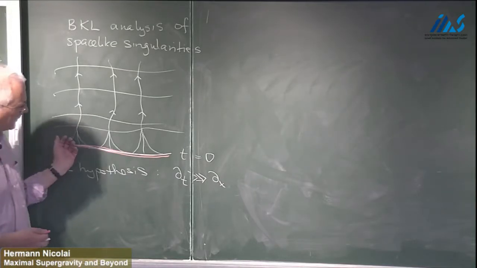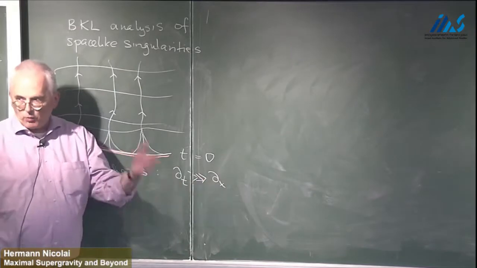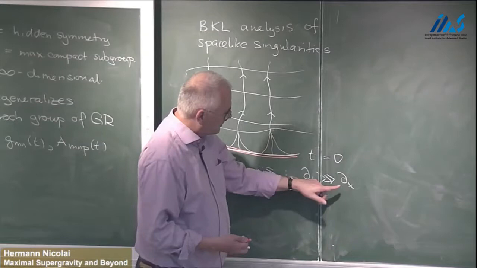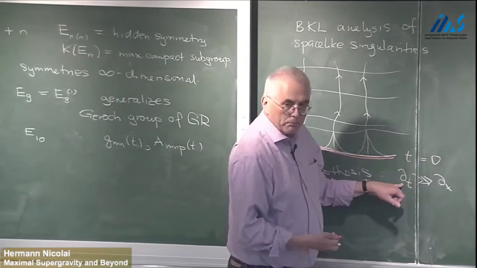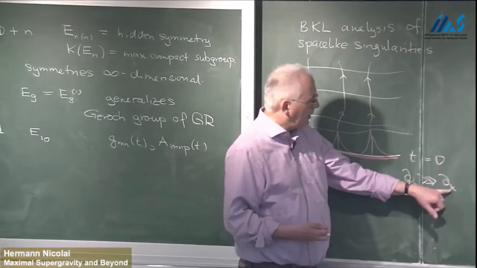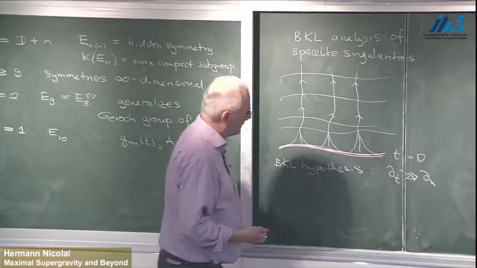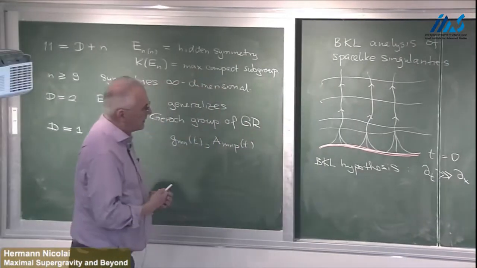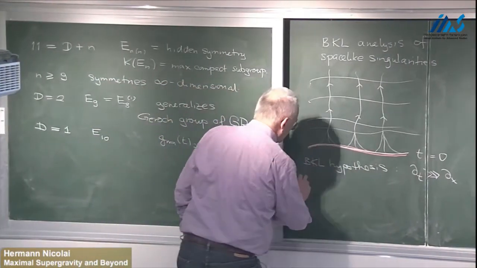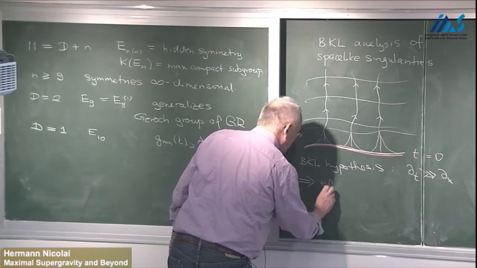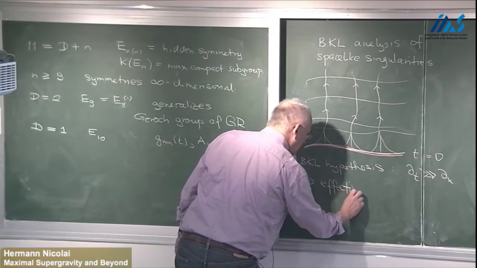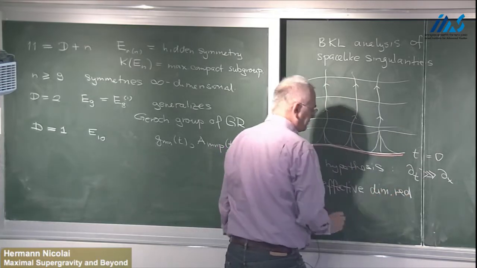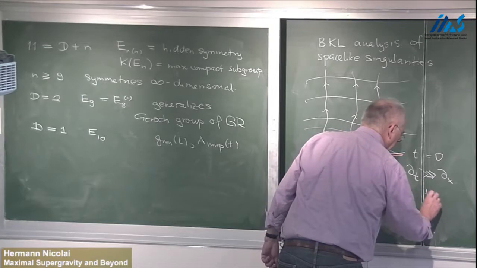That doesn't mean that things blow up at the singularity, but it means that as you go to the singularity, the blow up of the time derivatives overwhelms the blow up of the spatial derivatives. And this means that effectively, at the singularity, there is a dimensional reduction to one dimension.